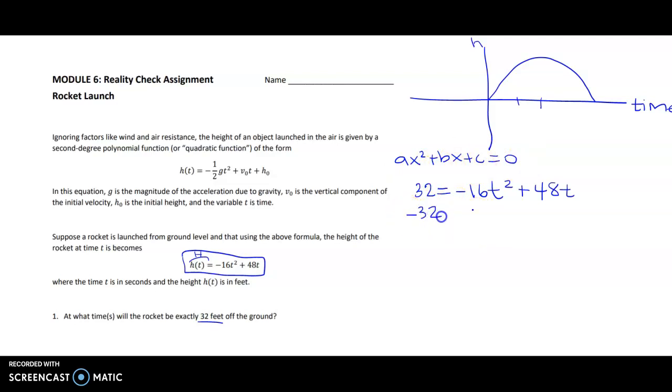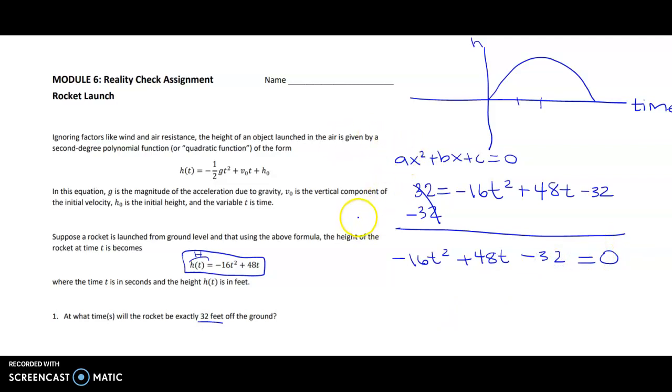So we're going to subtract 32 from each side just to get it in that form. So those cancel. I'm just going to put that on this side though. So 0 equals negative 16t squared plus 48t minus 32. To solve this, the first thing we're going to look at is greatest common factor. If you're not remembering how to do this, look in 6.1. We look, what's the biggest number I could factor out of each of these?